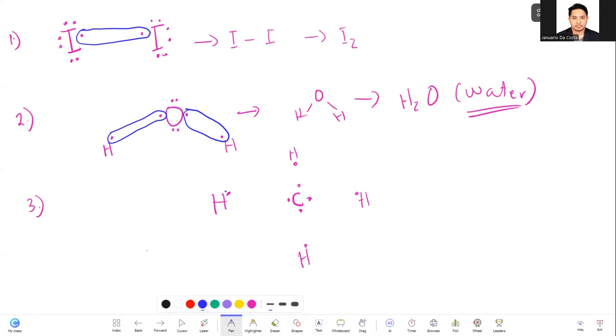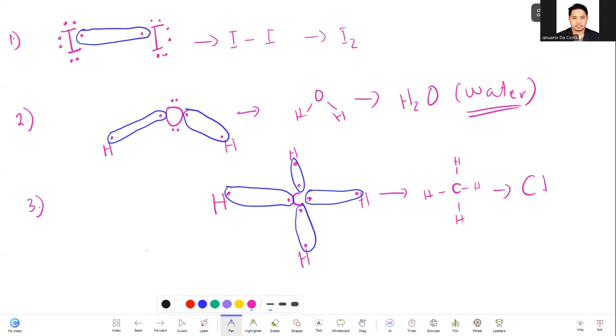So this one will share this electron, this one will share this electron, this one, and this one. So together they will be making carbon, hydrogen, hydrogen, hydrogen, and hydrogen. Or they are forming CH4. We call this methane.